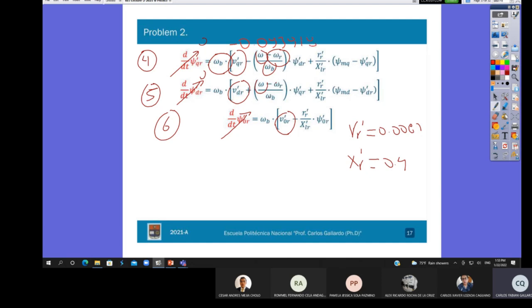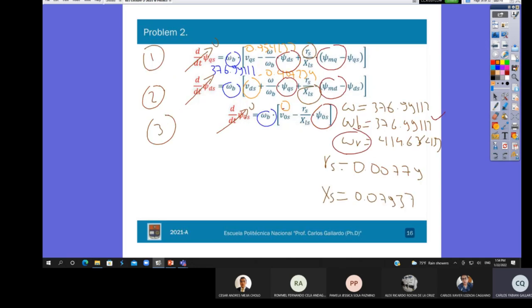For the direct axis voltage, I will have 0.086556. And this voltage is equal to 0. What else? This is unknown, and this is unknown. In the previous equation, we already have these terms.